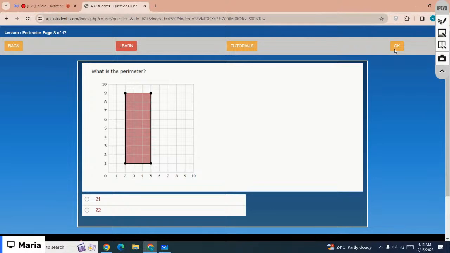Yes, that is 22, right? The correct option is 22.